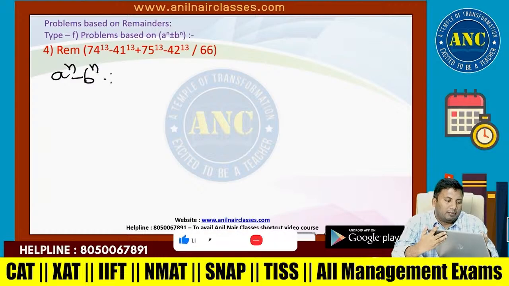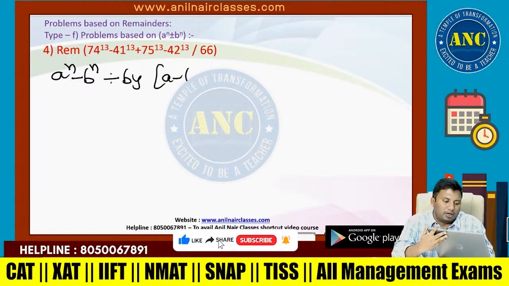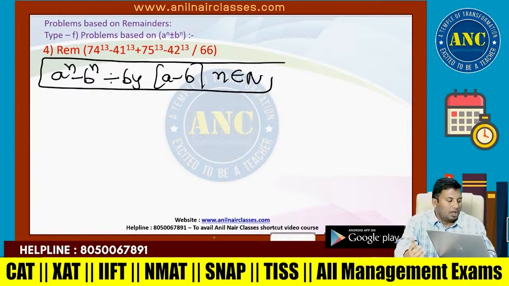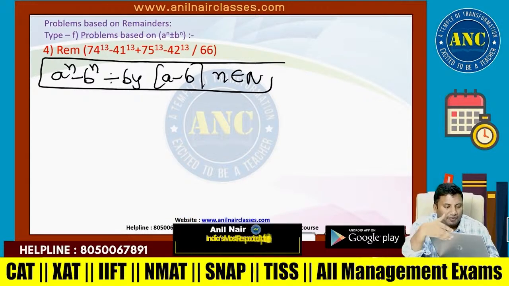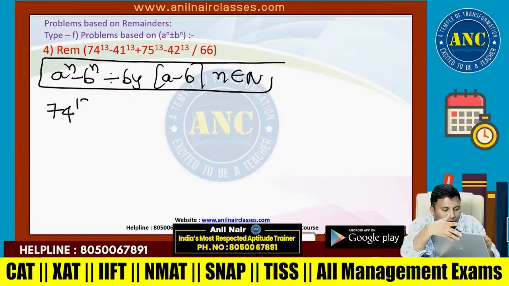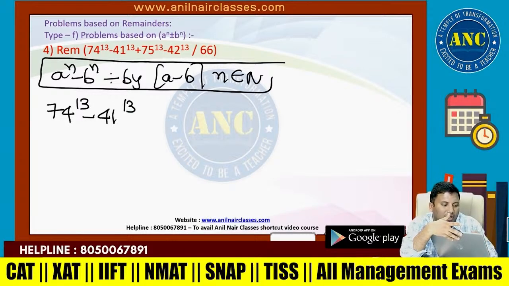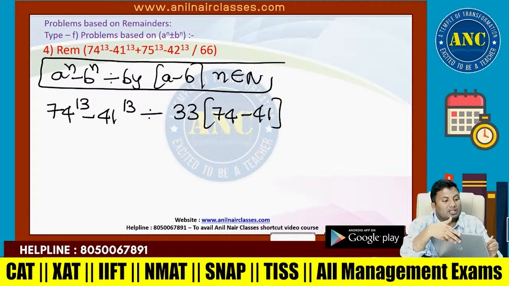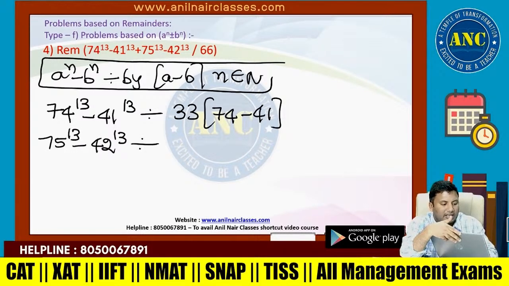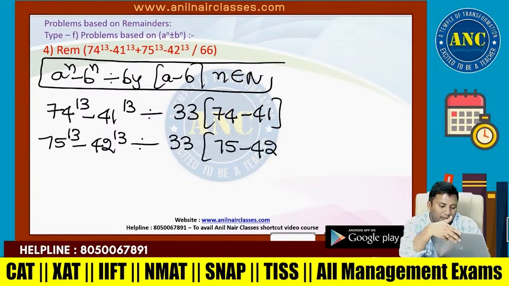A power n minus b power n is divisible by a minus b if n is a natural number. 74 power 13 minus 41 power 13 is divisible by 74 minus 41, which is 33. 75 power 13 minus 42 power 13 is also divisible by 33, again because of a power n minus b power n.